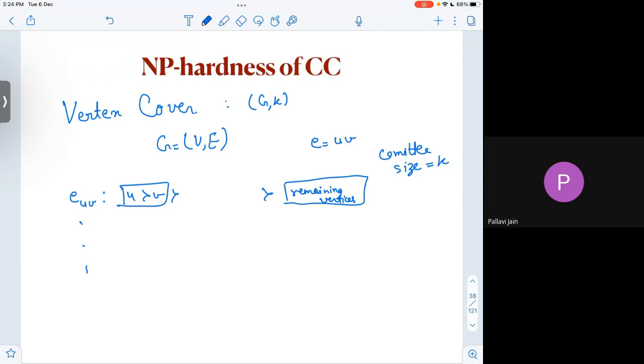Hold on, he can speak, right? Let him speak. Have you seen NP hardness reductions? Take any instance of vertex cover. Do you know what a graph is?